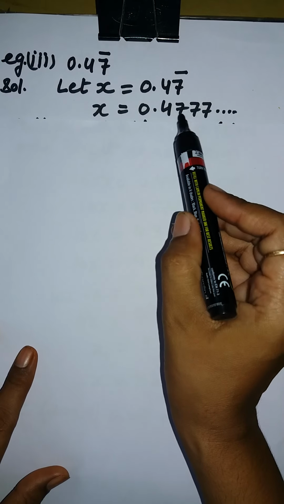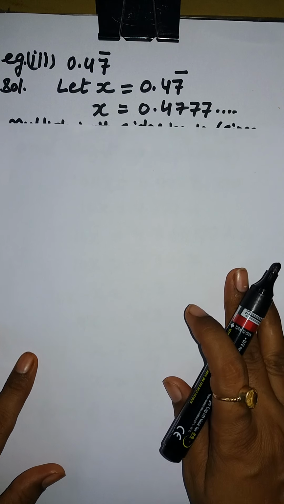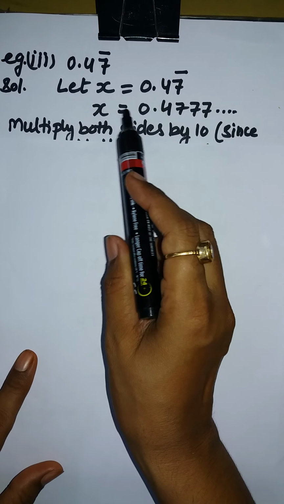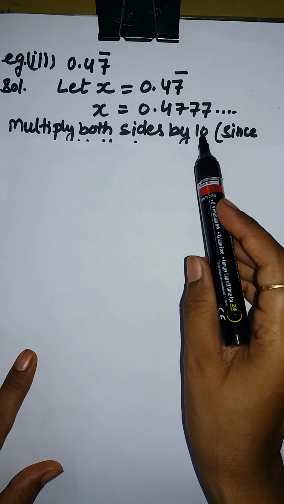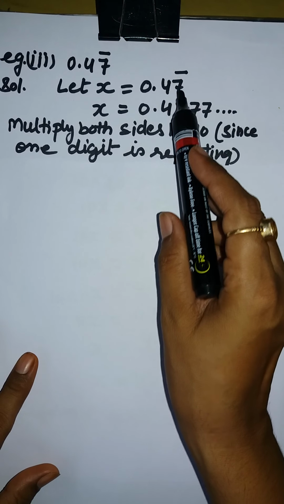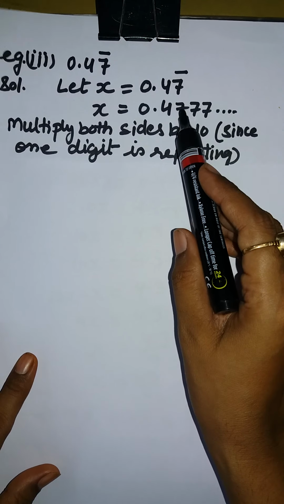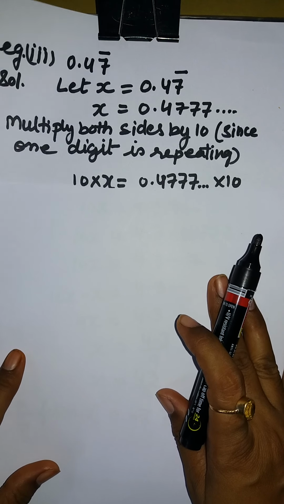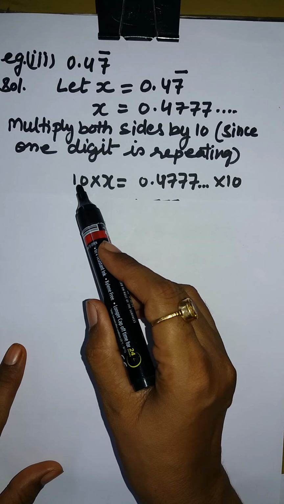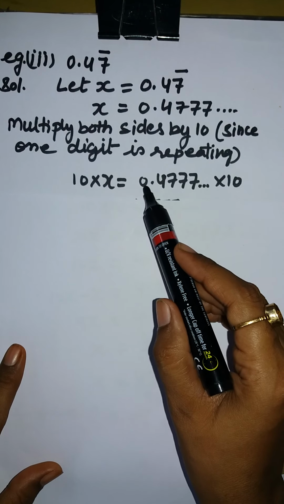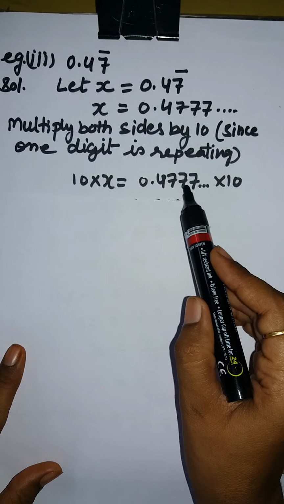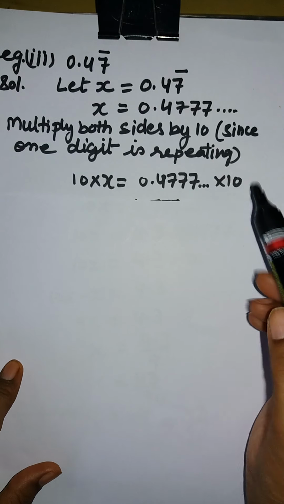When we open it, we know 7 is only repeating itself. We multiply both sides by 10 since one digit is repeating. Only digit 7 is repeating. So 10 multiplied by x equals 0.4777 and so on, multiplied by 10.